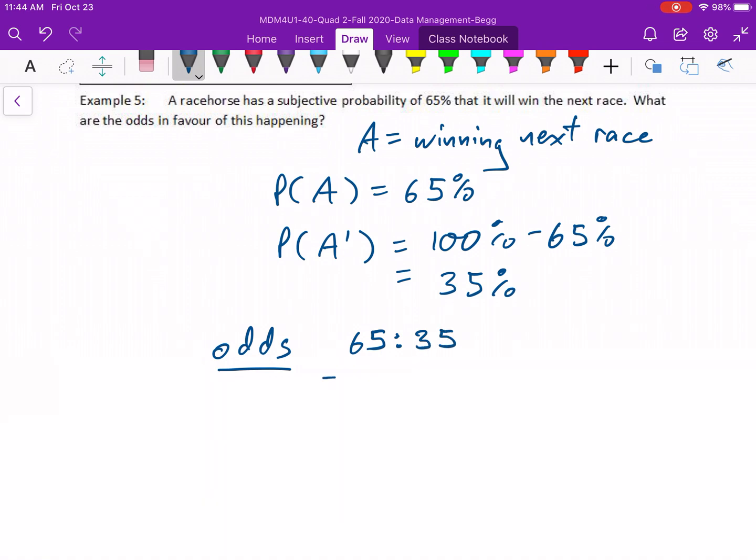But, again, these ratios, just like fractions, should be reduced. I can divide both sides by 5, and I'd get 13 to 7, and that would be a reduced ratio. So it's approximately twice as likely to win its next race as it is to lose.